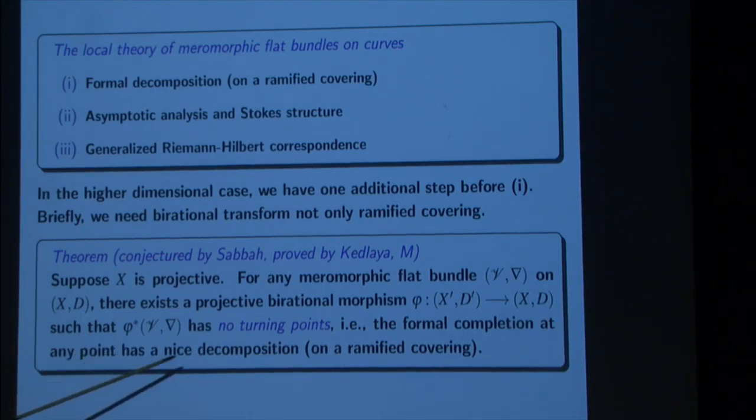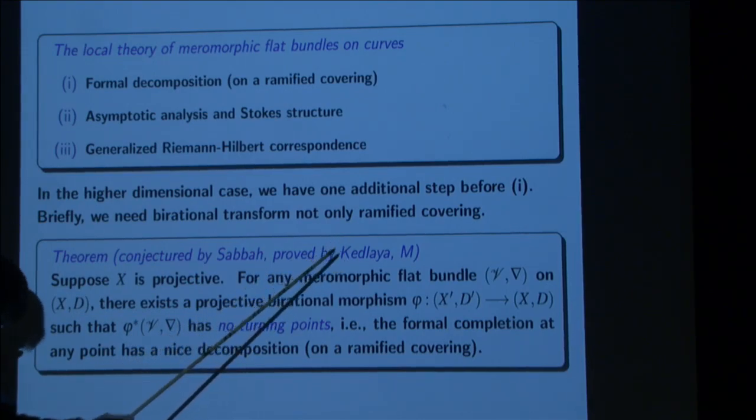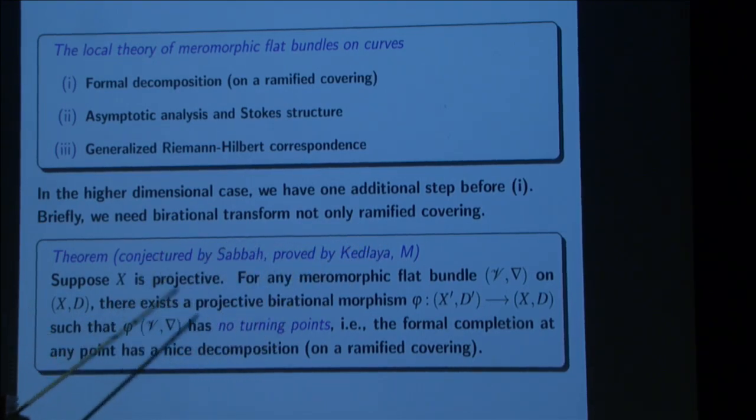It is also useful in the characterization of semisimplicity of meromorphic flat bundles. Sorry, I have to emphasize that the result of Kedlaya is more general: his work is also available in the complex analytic setting, and my result is just for the algebraic case.